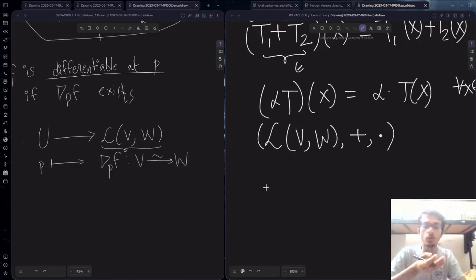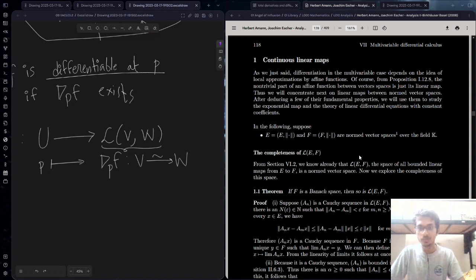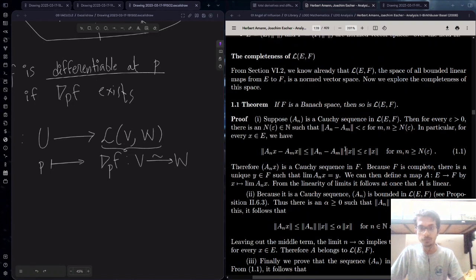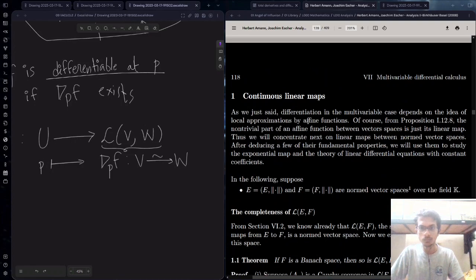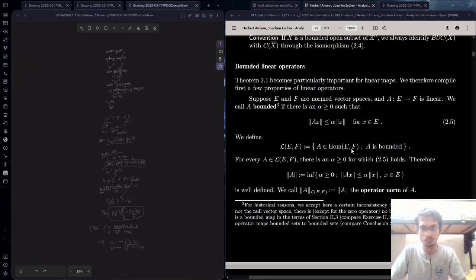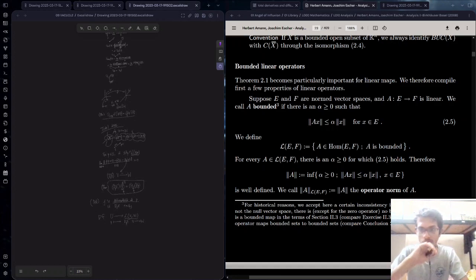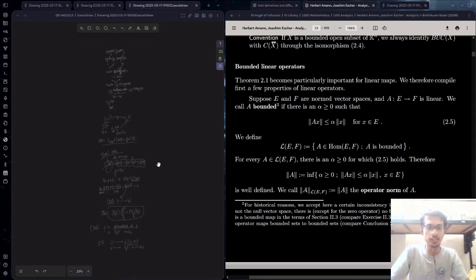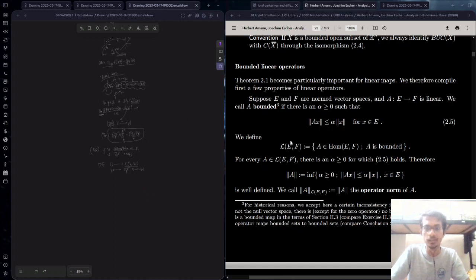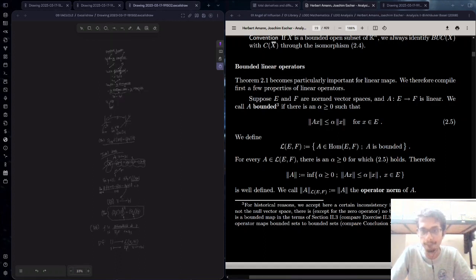Now I will also have to put a norm on it to do the double derivative, for example. So I want to define something like a norm for T, where I have to refer to the book. Here I have to define an operator norm on this set.